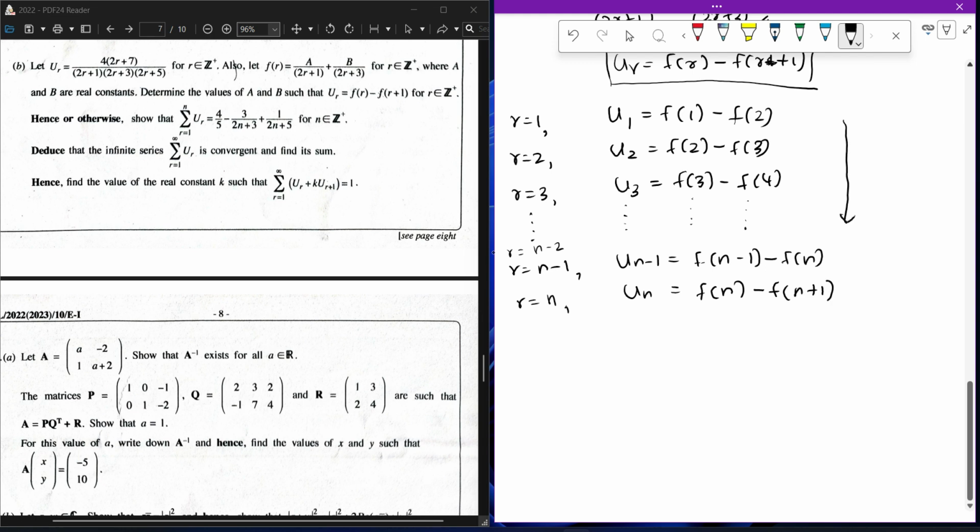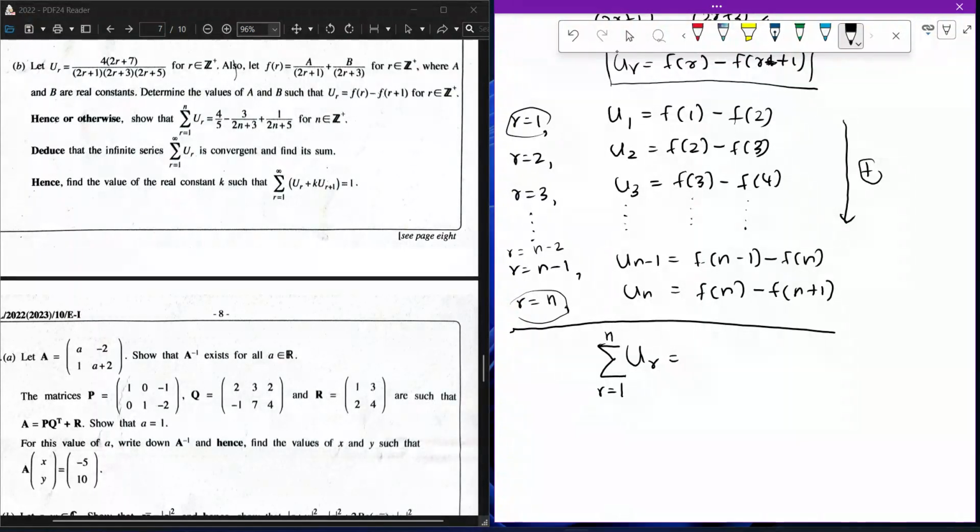And once you summate this whole thing, the final answer you'll be getting is in terms of a summation. Sigma notation, you might have heard it. That is from r equals 1 up to n. This is the range that we write from this particular place to this particular place. The whole summation of ur is equal to, now we can see, I'll use another color.